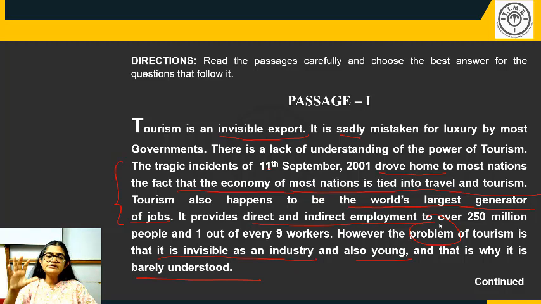So what did we read so far? The importance of tourism and the problems faced by tourism, that is, it is invisible and relatively new, and we saw the example of 11th September 2001 and its impact on the economy of nations.